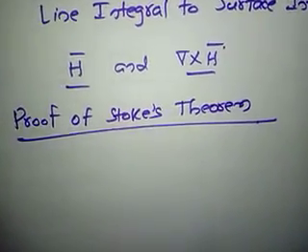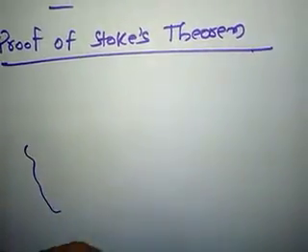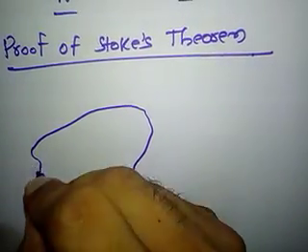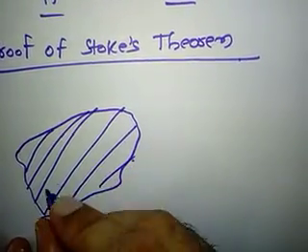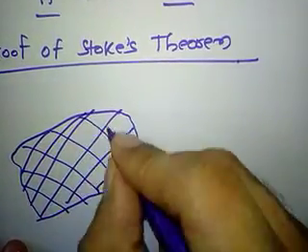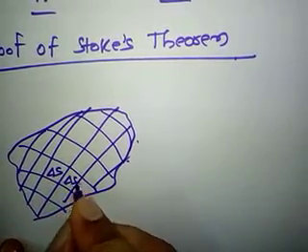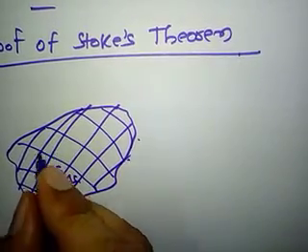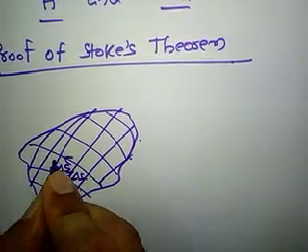To prove the Stokes theorem, let us consider a surface like this. There are small incremental surfaces, which I call delta S. The path of the magnetic flux is a closed path, so it flows through the closed path like this.